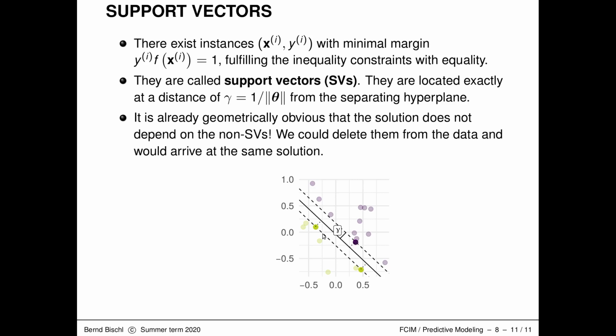Because these points constrain the position of the hyperplane perfectly. So you could not arrive at any other solution. In order to arrive at a different hyperplane, we would have to either delete one of these support vectors or introduce a new point inside of that safety margin.